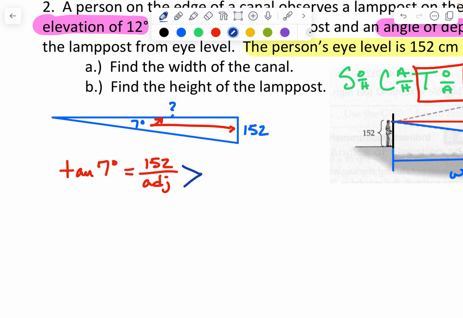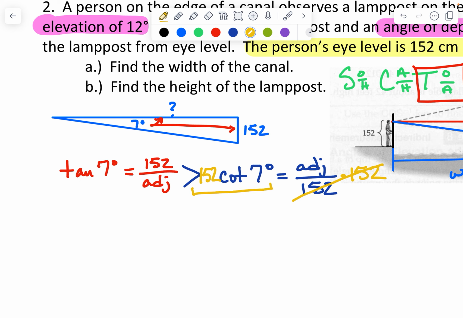And if you want the ratio to flip, you need to use the reciprocal. So what we could say is that the cotangent of 7 degrees equals adjacent over opposite. Now that's nice because I can now multiply both sides by 152.